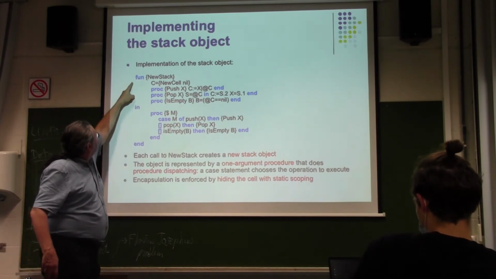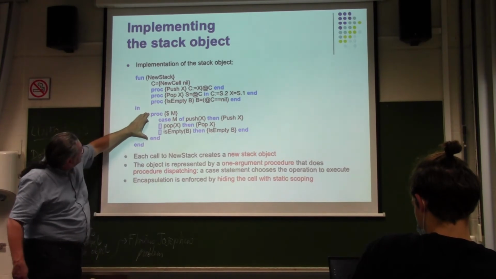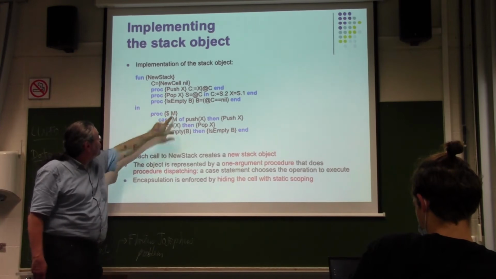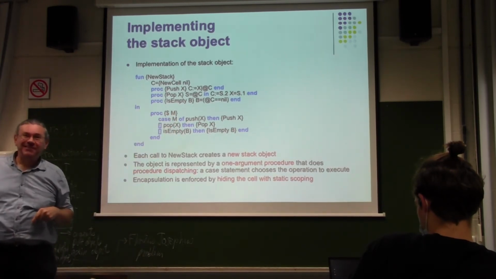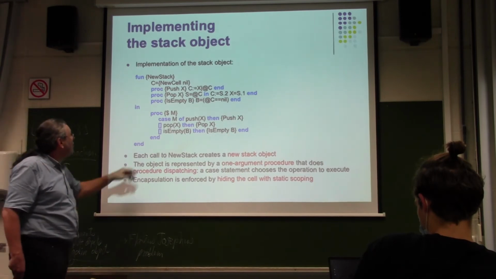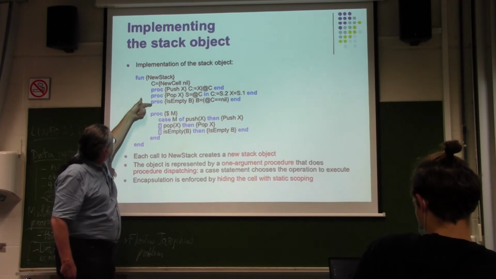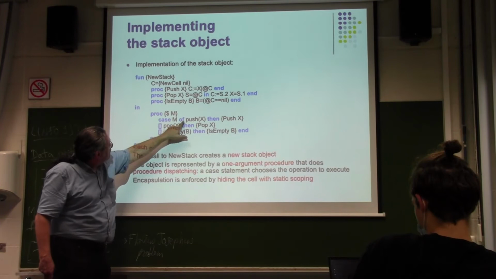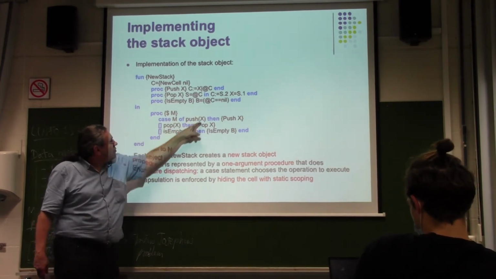So this function new stack will return a stack object. An object is represented here semantically as a one-argument procedure. The argument is usually called a message. You have the funny terminology of object languages. M is the message, and depending on the value of the message, push X, pop, or is empty, I do a different operation.